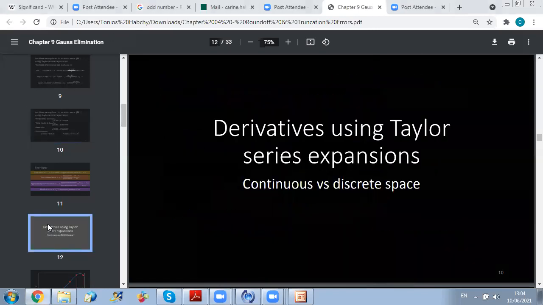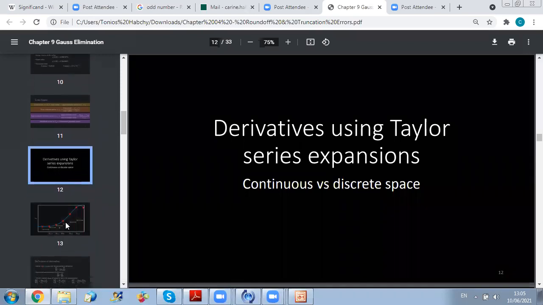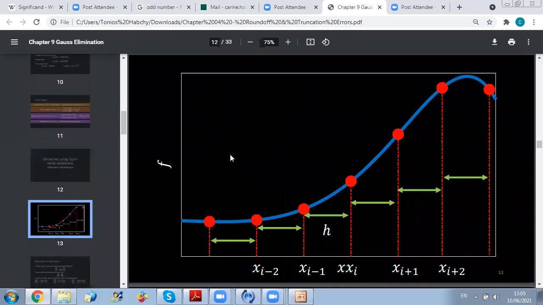Okay. Now, we will go to derivatives using Taylor series expansions. We will consider continuous and discrete space. We had tackled this in the previous session, but now we will summarize our findings again.